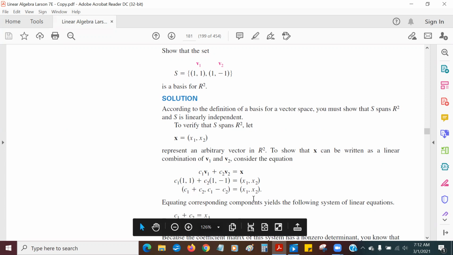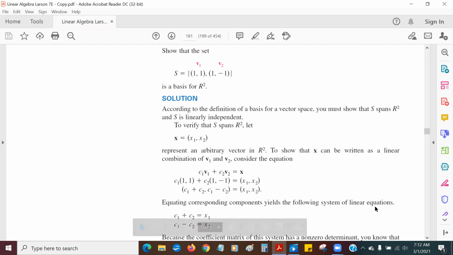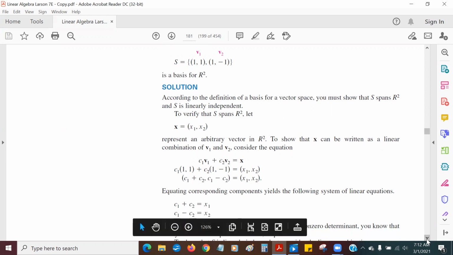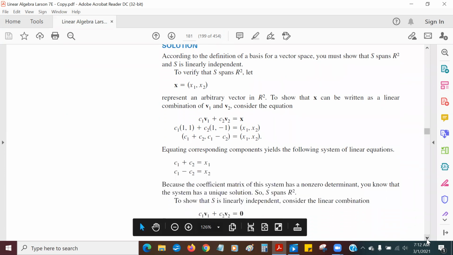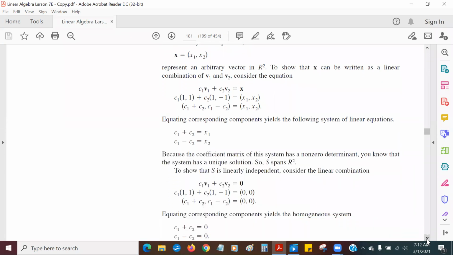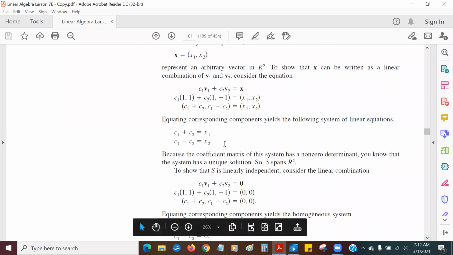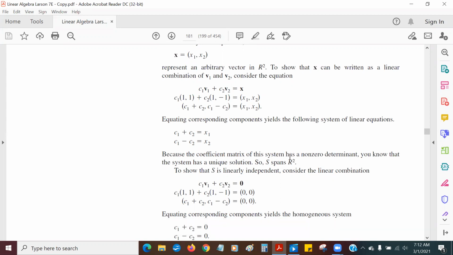By the way, notice that they didn't tell us what X1 and X2 are. We just wanted to show that we could find C1 and C2. This clearly has one and only one solution. Why? Because the coefficient matrix, (1, 1; 1, -1), has a non-zero determinant.